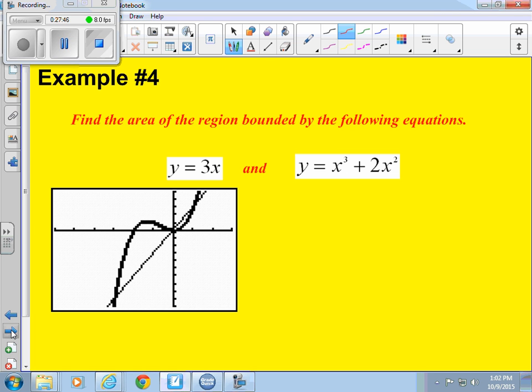Okay, everyone look at this next one. Find the area of the region bound by the following equation. This would be a calculator problem, I believe, because it's a cubic, right? You could find the intersections by hand, but most of the time with a cubic, they're going to give you a picture or give you a calculator.